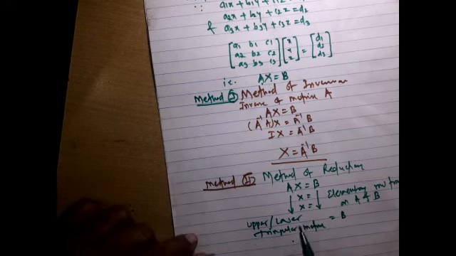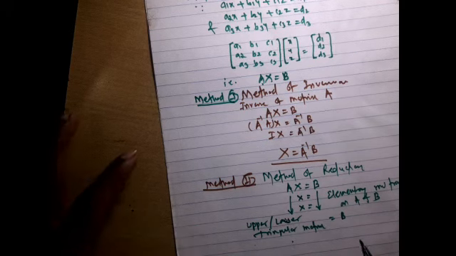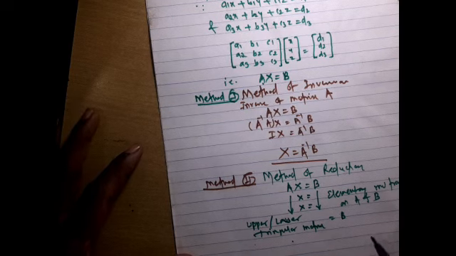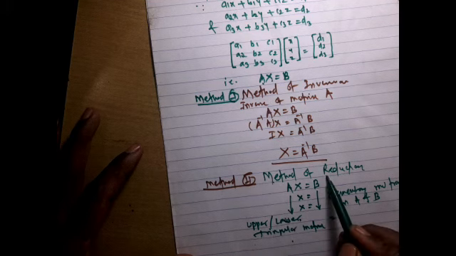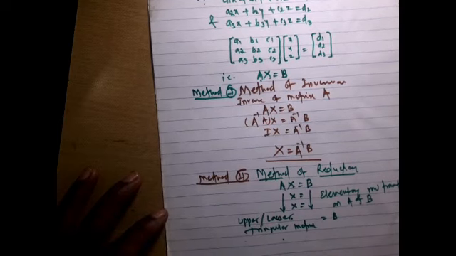Remember, the full upper or lower triangular matrix is not necessary. At least 2 zeros in any one row and 1 zero in any other row, then you can reduce this matrix A to the upper or lower triangular matrix. That's why it is called the method of reduction, and with the help of this we can solve these equations. I will solve some examples.